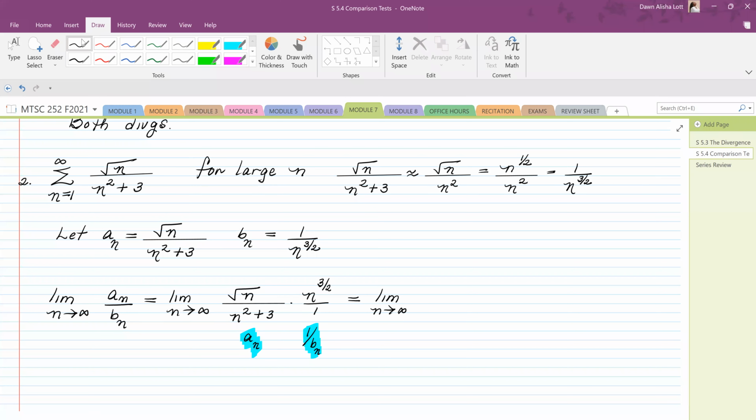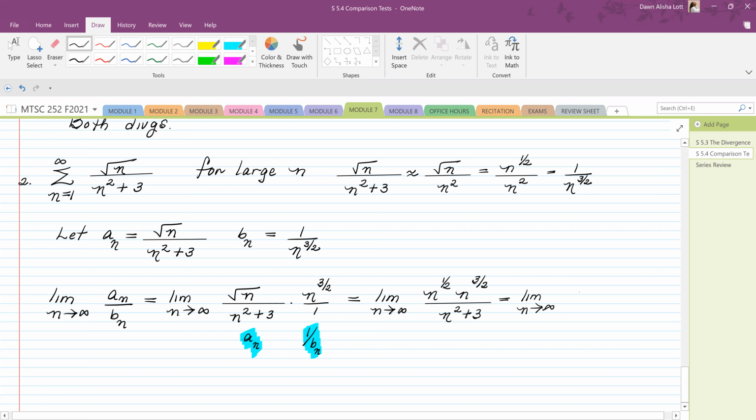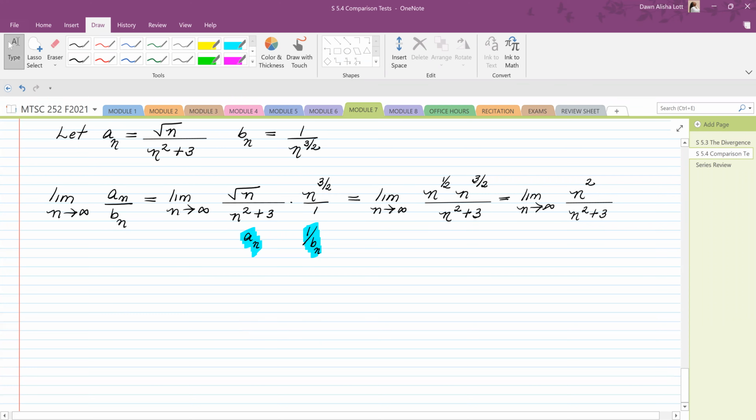Therefore, I get n to the 1/2 times n to the 3/2 over n squared plus 3. So that is the limit as n approaches infinity of n squared over n squared plus 3. Now, you can do L'Hopital's rule twice, because this is infinity over infinity.